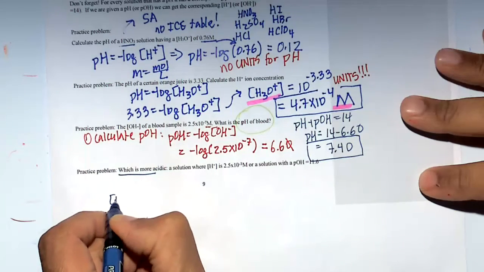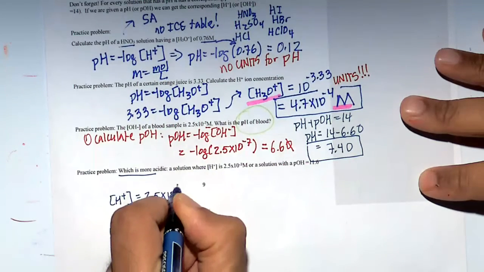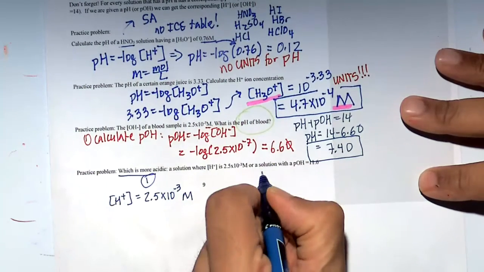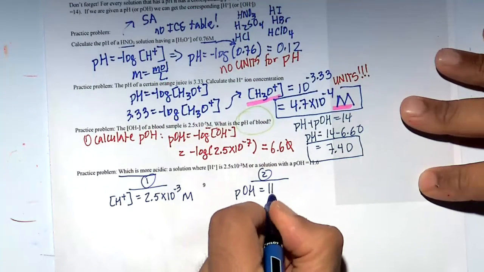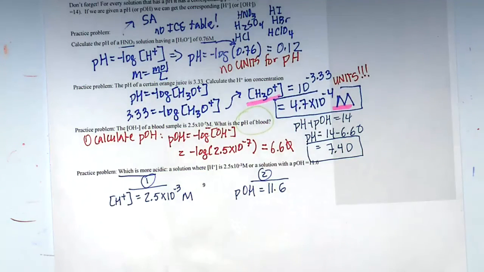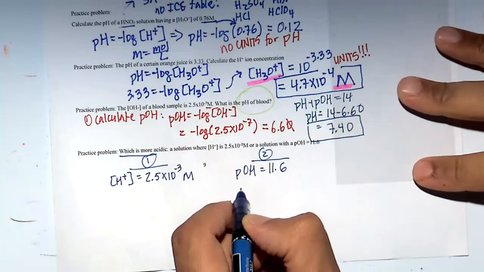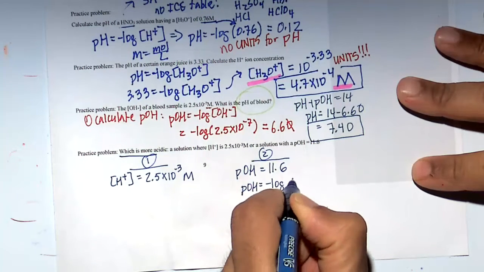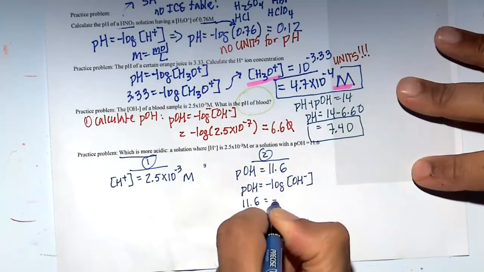Here we have an H plus of 2.5 times 10 to the minus 3 molar. This one has a pOH of 11.6. So let's figure out the hydroxide ion concentration. Which is more acidic is what we're trying to answer. pOH is equal to minus the log of the hydroxide ion concentration. The pOH is 11.6.